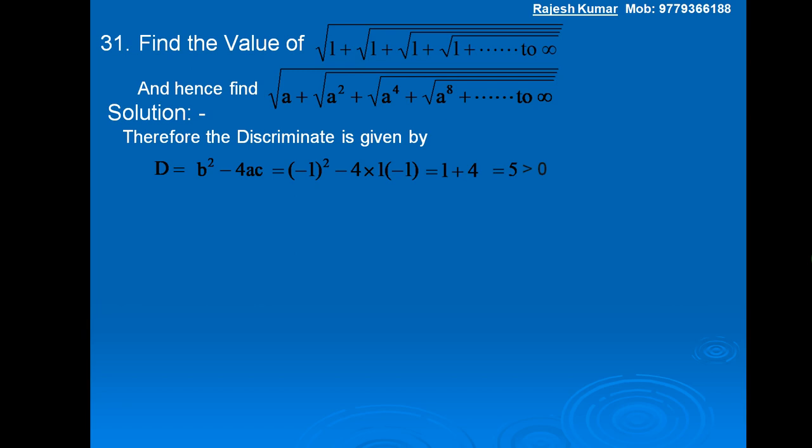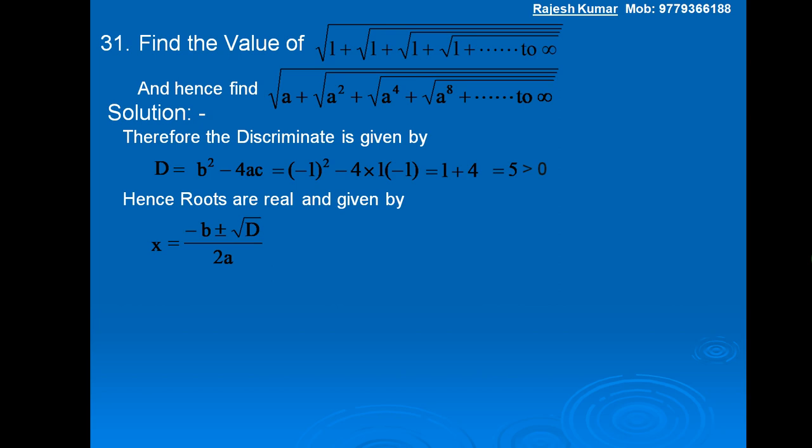That is, the discriminant is positive. Hence the roots of the equation are real and given by x is equal to minus b plus minus square root of D upon 2a.